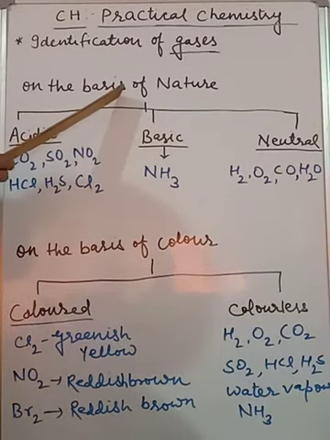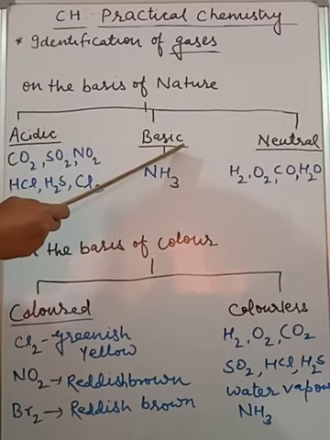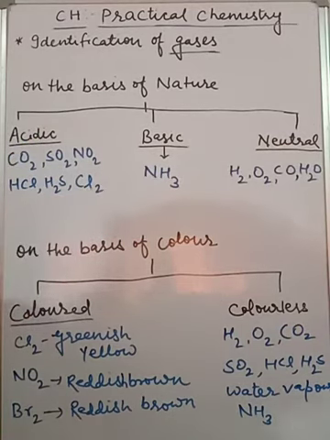Like on the basis of nature, some gases are acidic, one is only basic and some are neutral. Like CO2, SO2, NO2, HCl, H2S and chlorine. These gases are of acidic nature. And you know also non-metallic oxides are generally acidic in nature.